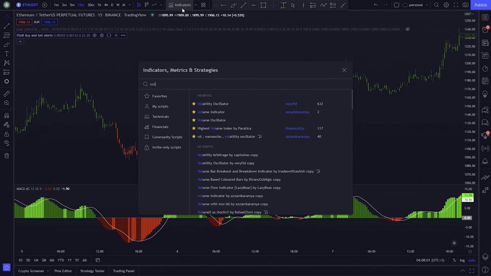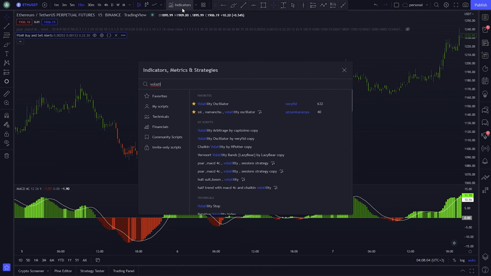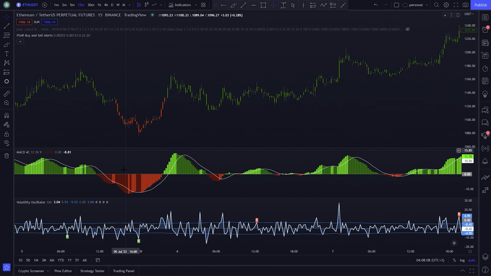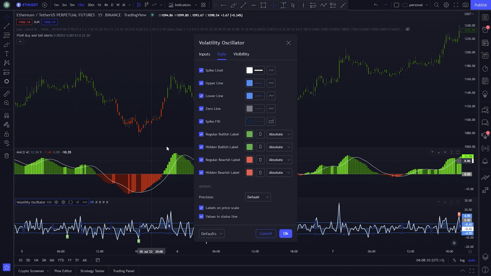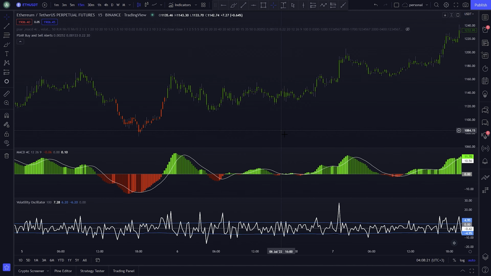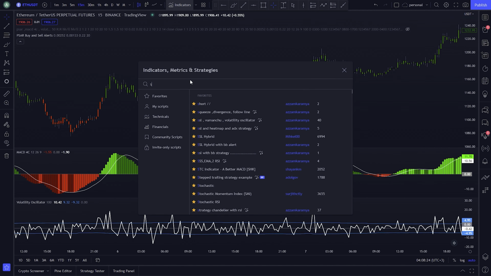Volatility oscillator. Sessions on chart.